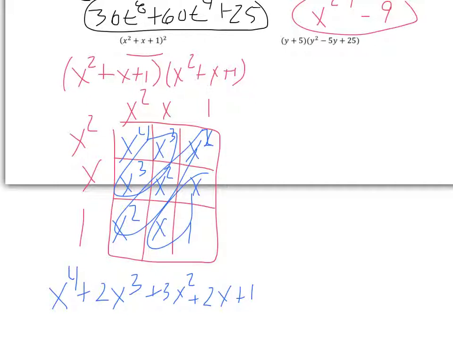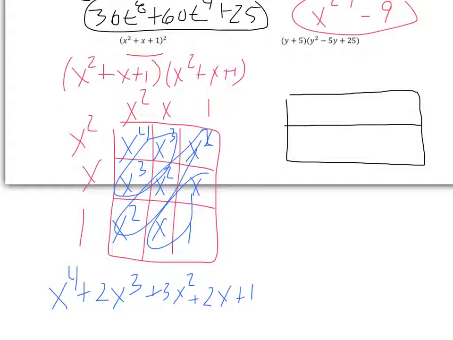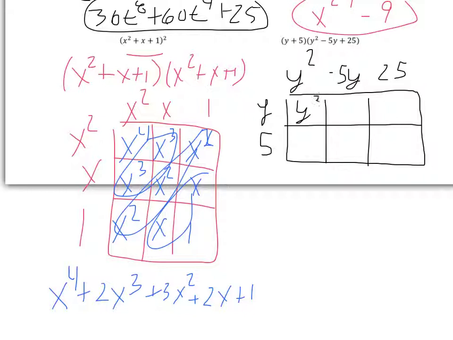And then the last one here, because we have a binomial times a trinomial, we'll go ahead and put a box out. We have our y and our 5. Y squared minus 5y plus 25. So here we get our y cubed, our y times our y squared.